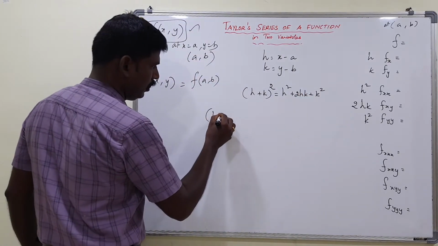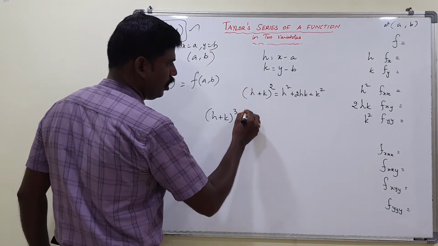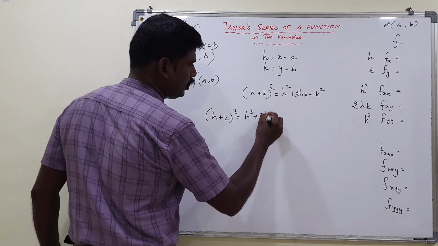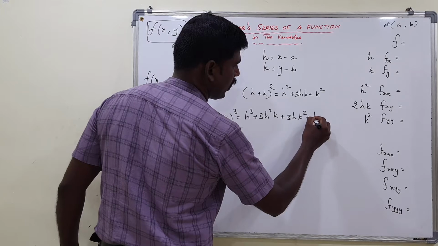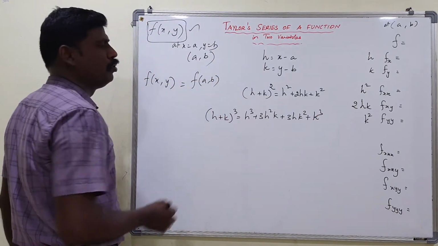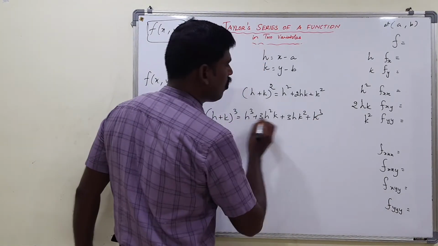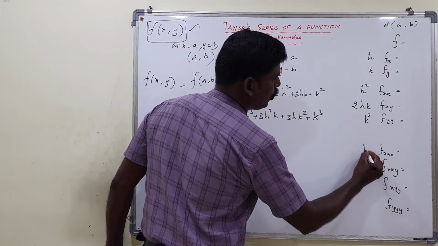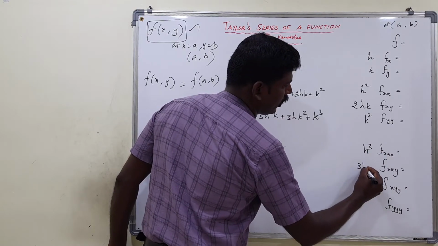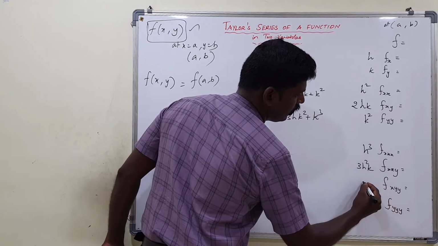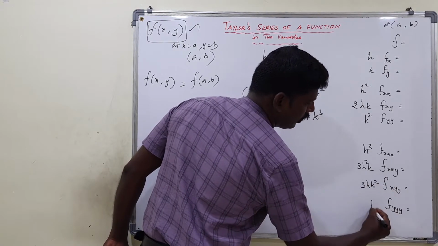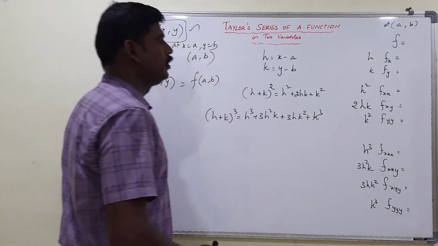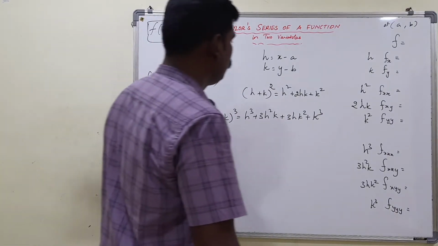Same like that, h plus k the whole cube: h cube plus 3h square k plus 3hk square plus k cube, isn't it? It is the a plus b the whole cube form of expansion. So take all these terms here: h cube and then 3h square k and then 3hk square and then k cube. Right? That's all.